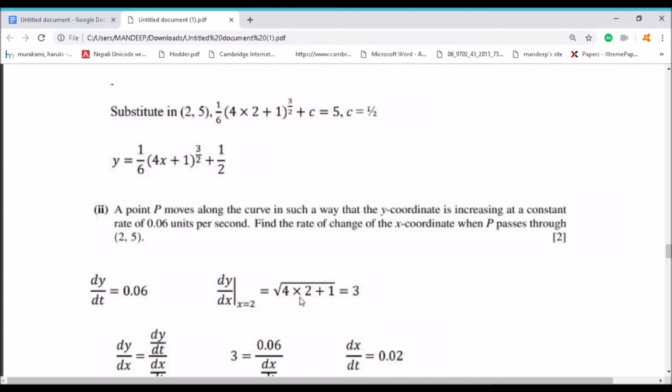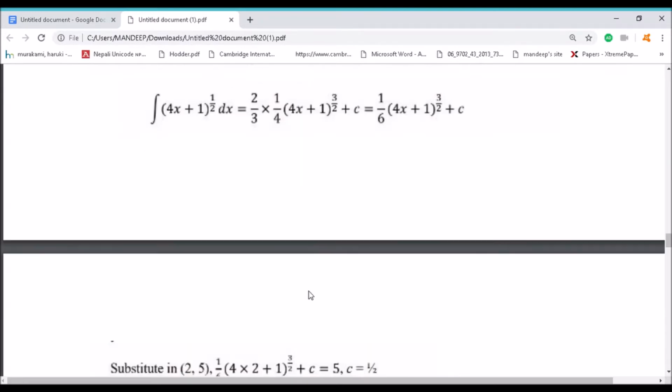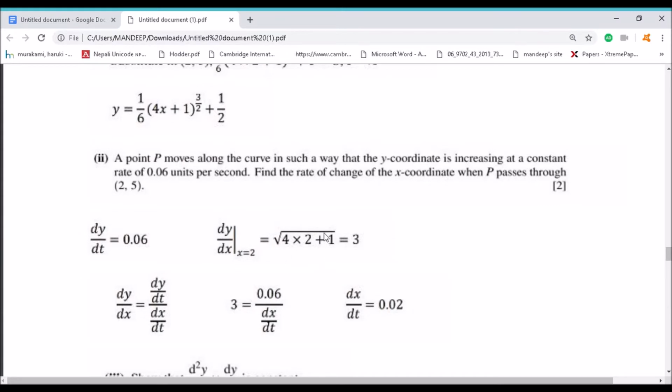So after this, we have dy/dx when x equals 2. They say find the rate of change of the x coordinate when it passes through (2, 5). So dy/dx, we have dy/dx here, so we replace x by 2, so it's going to be root of (4 times 2 + 1), which is root 9, which is going to be 3.